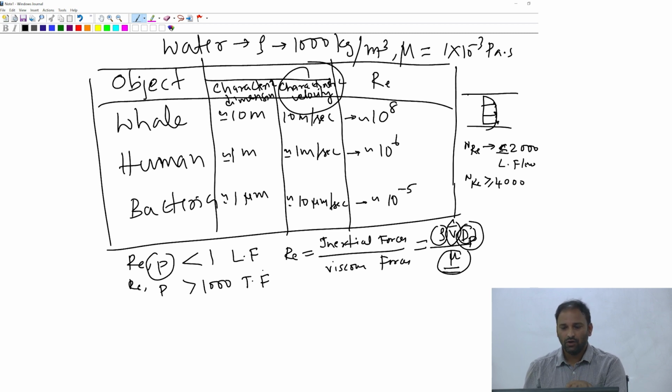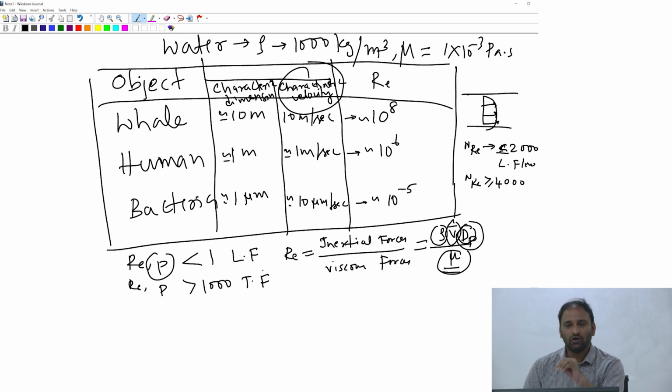Now, if you look at flow through pipes, problems where you had fluids flowing through conduits, your transition from laminar to turbulent flow is governed by the velocity of the fluid, viscosity, and those parameters, right? However, here you have a case where everything is basically moving in the same fluid.